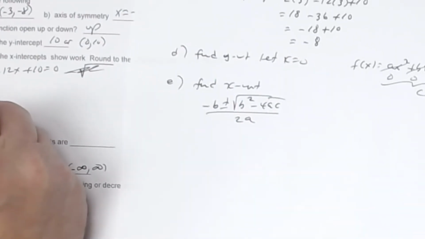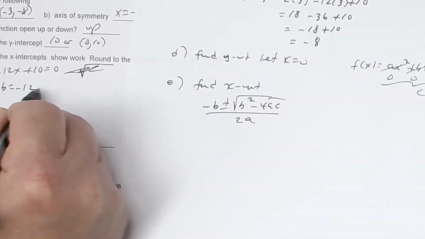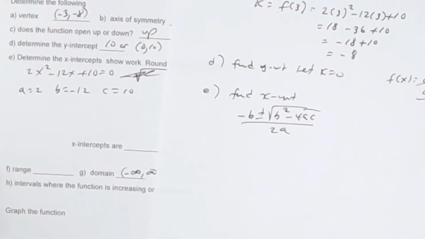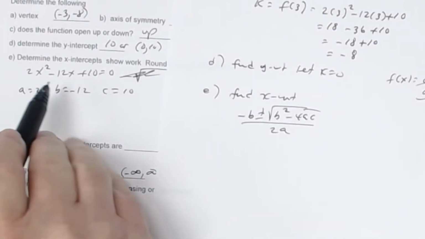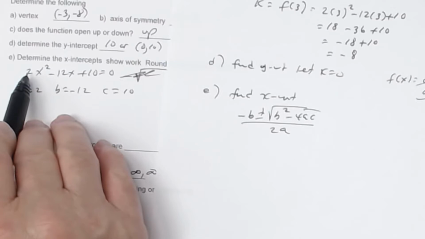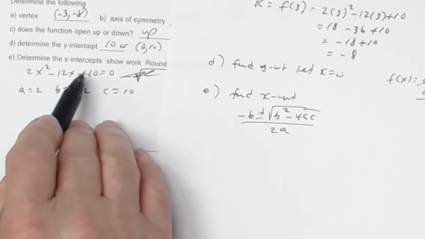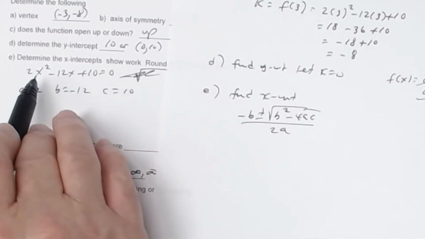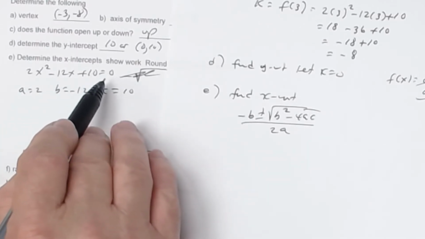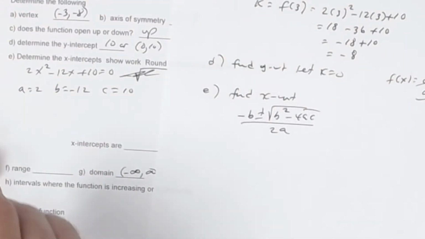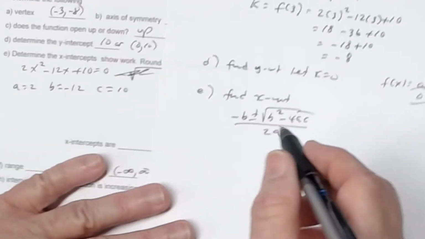In this case, a is 2, b is negative 12, and c is 10. And I just want to show you something. When I am solving this quadratic equation, notice there's an equals 0, right? I notice that all three terms here and even the other side are all divisible by 2. So if I wanted to, I could have divided both sides by 2.